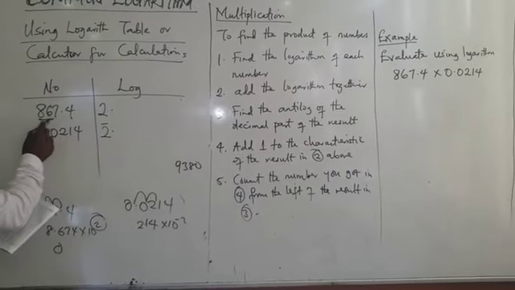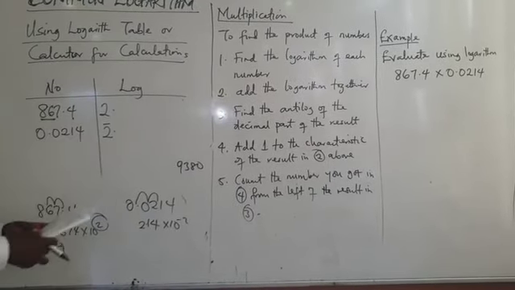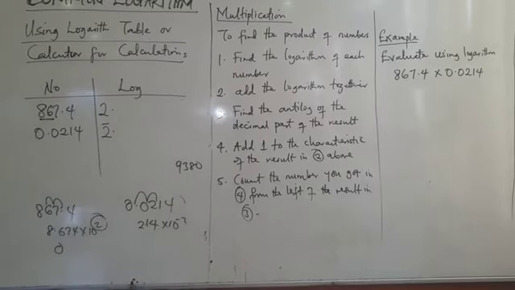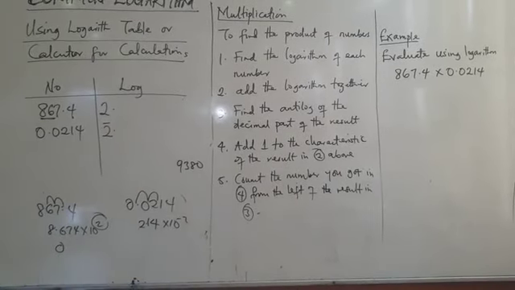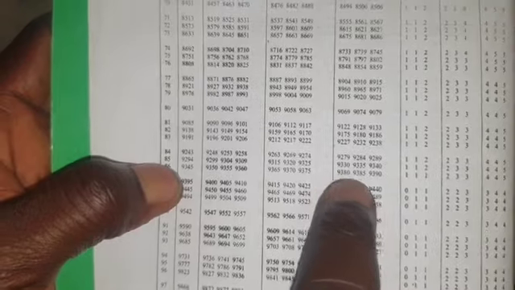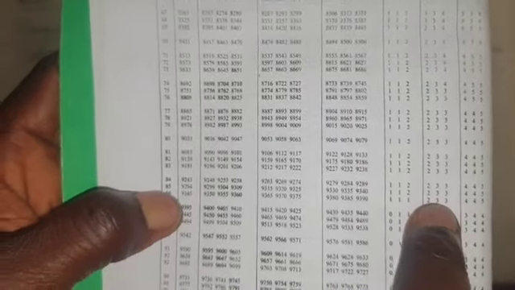Under 9380 now, I will trace down to the difference column. As you can see here, difference of 4 here is 2.